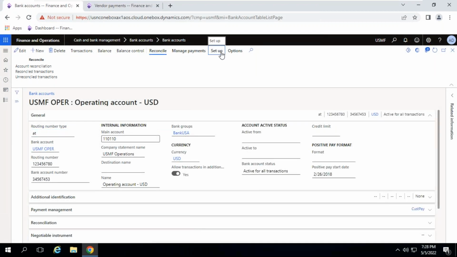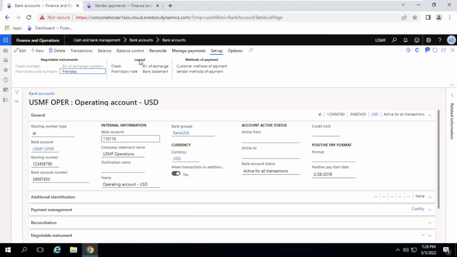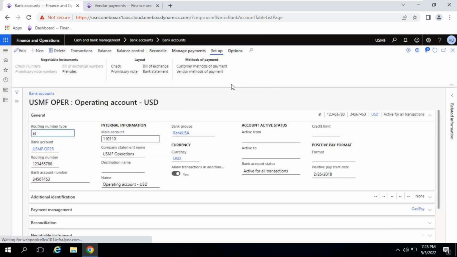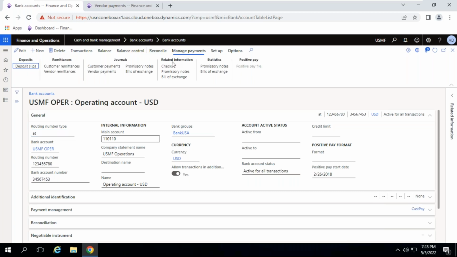If you go to the setup and layout check, we have two options, free and fixed. If you map it fixed, then you need to create the checks in advance. They are not automatic.